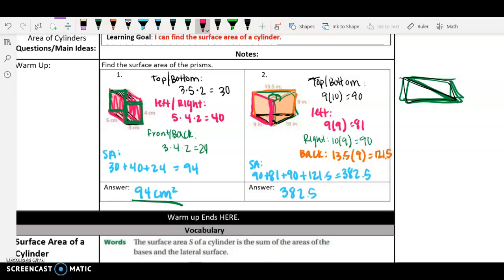The right side was in green, so we have 10 times 9, that's 90. Then the back is this long section, which is 13.5 times 9, and we get 121.5. Then we add those all up, and we get 382.5, and this would be inches squared.